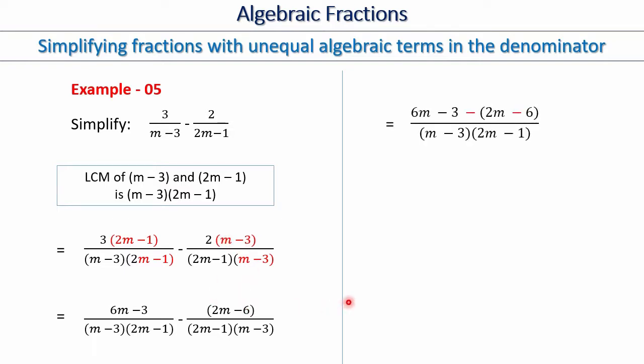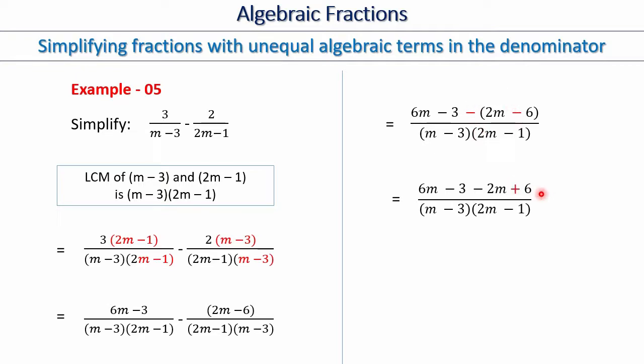Next step, denominators are same, therefore I have written that numerator at once, 6m minus 3, this minus is here indicated, and 2m minus 6. Now next step, same thing we are getting 6m minus 3, but here this minus sign is there, so minus into this is minus 2m and minus into minus is plus 6.